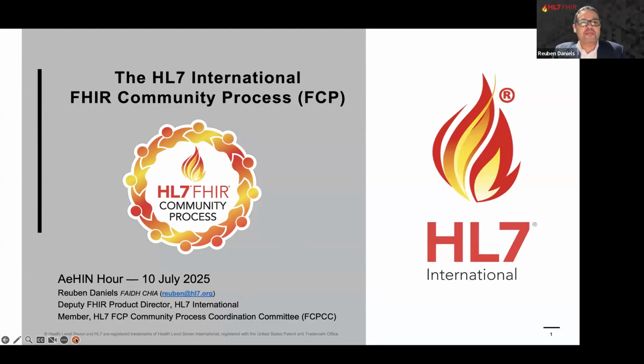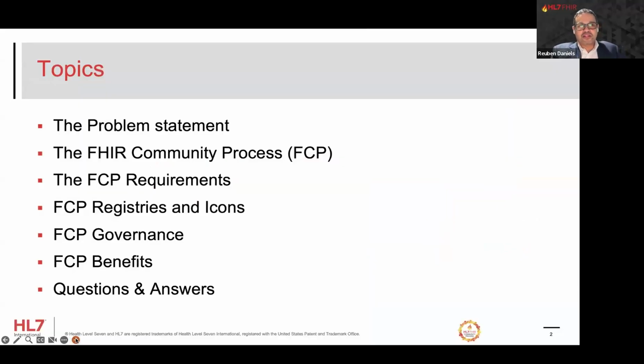So let's get underway. These are the topics I'll be covering today. First, we'll look at the problem statement. I find with these things, it's always a good idea to understand what you're trying to address or resolve when you put a new initiative or a new process into place. And so we'll cover off what that problem is that necessitates the need for the FHIR community process.